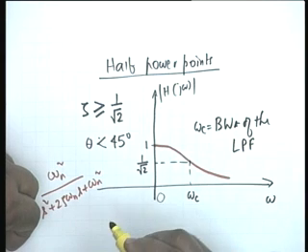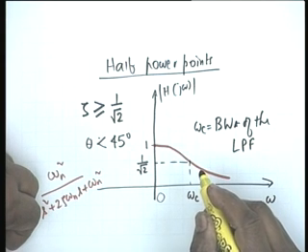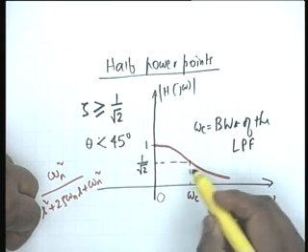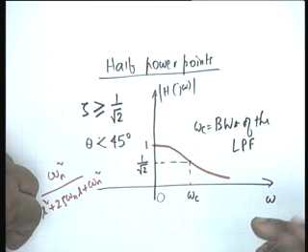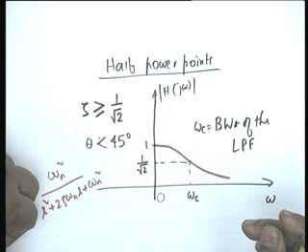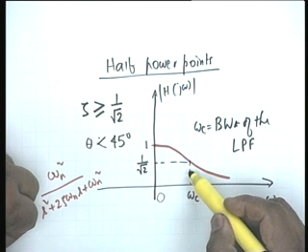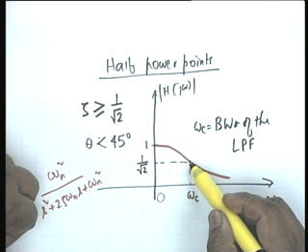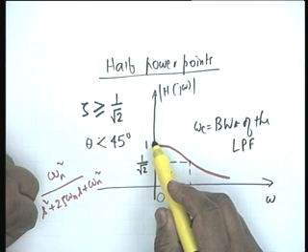This case is hardly of any interest, but nevertheless it is of interest to find out what omega c is. Omega c is defined as the 3 dB cutoff, that is the frequency at which the response is 70.7% of the maximum response, and the maximum occurs at DC.